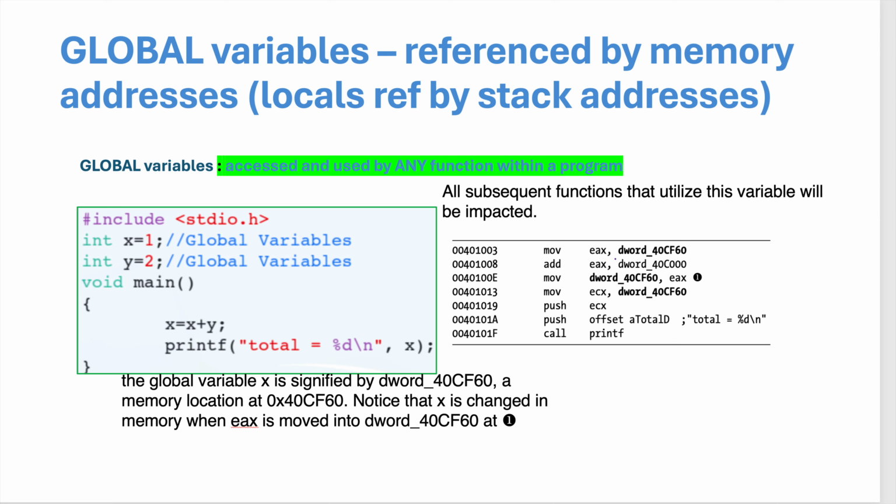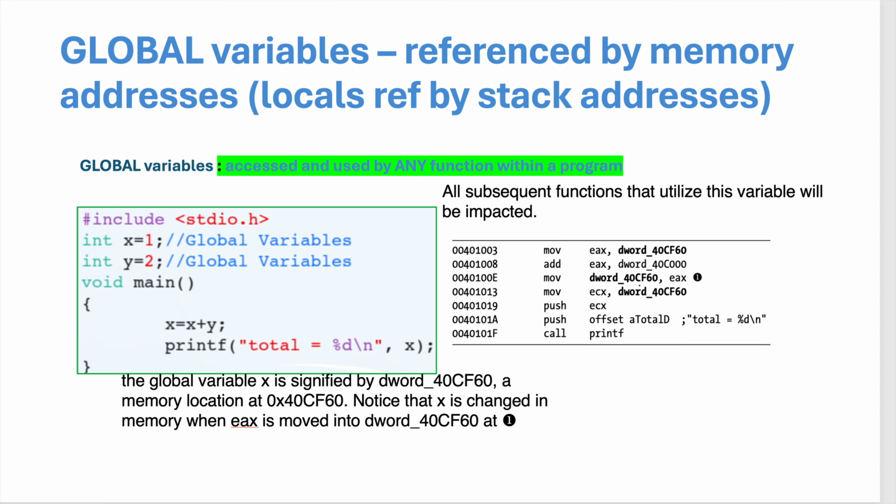So this dword has moved into EAX. I should apologize, this value of x has been moved into the register EAX. And we have x equals x plus y, so the value of EAX is then moved into dword 40CF60.